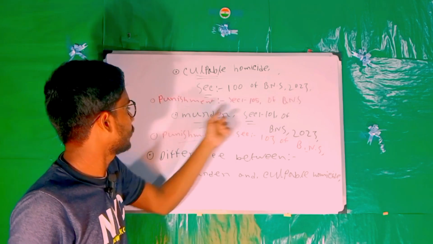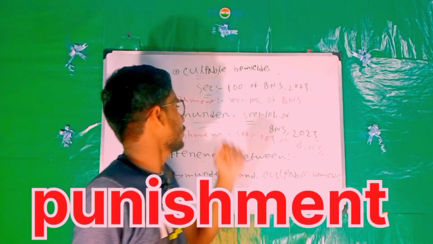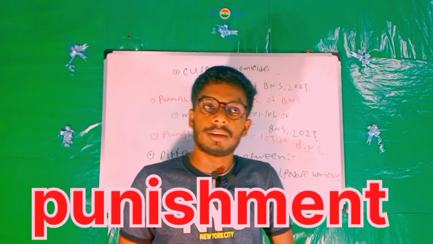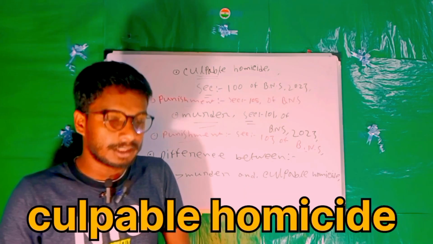Next, I will discuss the punishment of culpable homicide, which is defined in section 105 of the BNS.